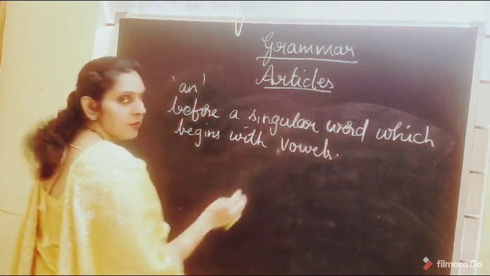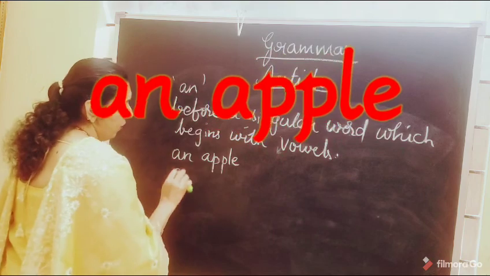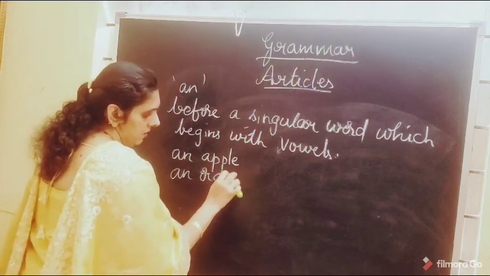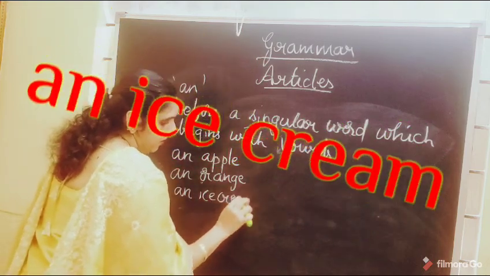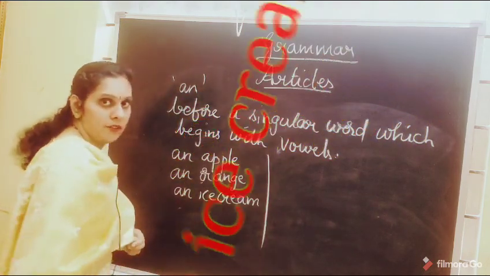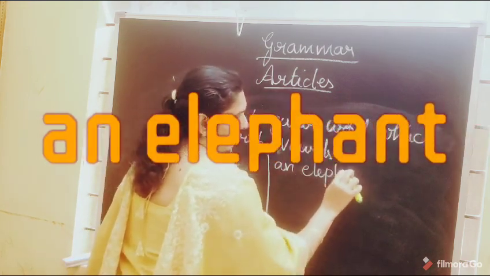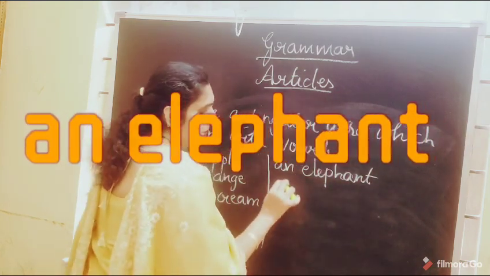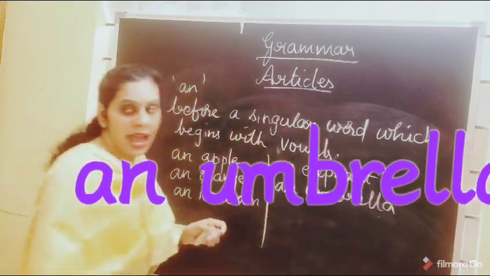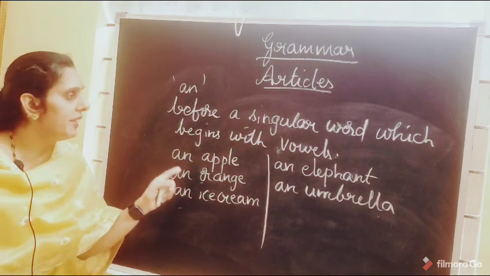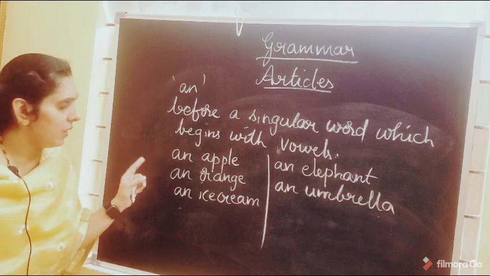Let me take examples: an apple, an orange, an ice cream, an elephant, an umbrella. So we use an before a singular word which begins with a vowel.